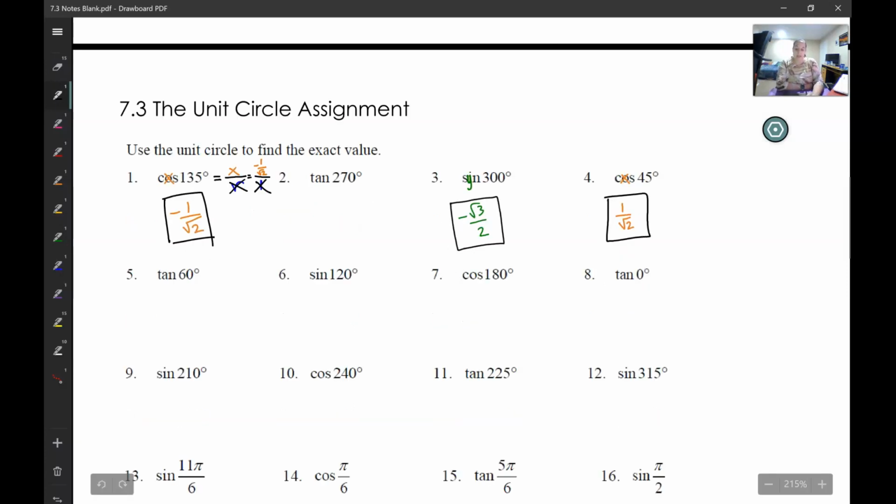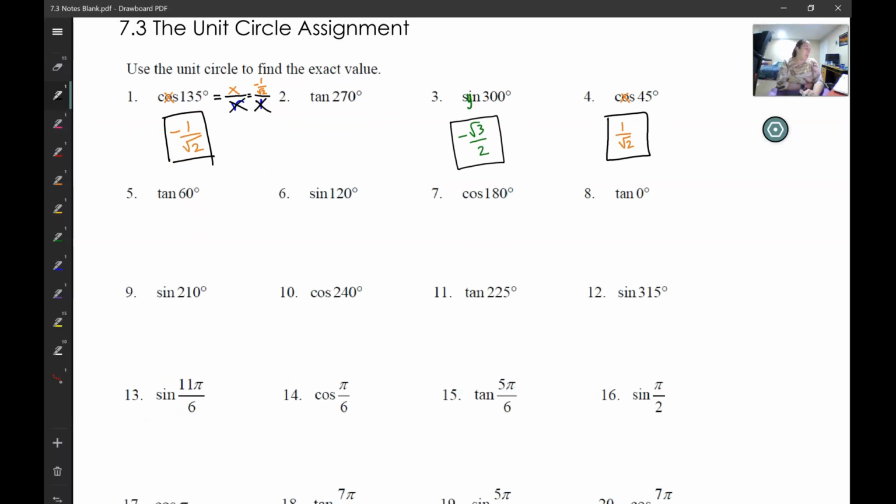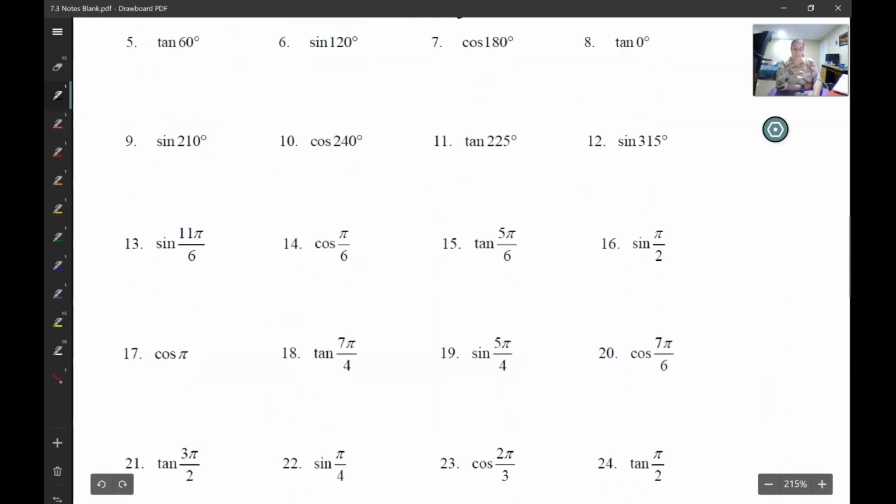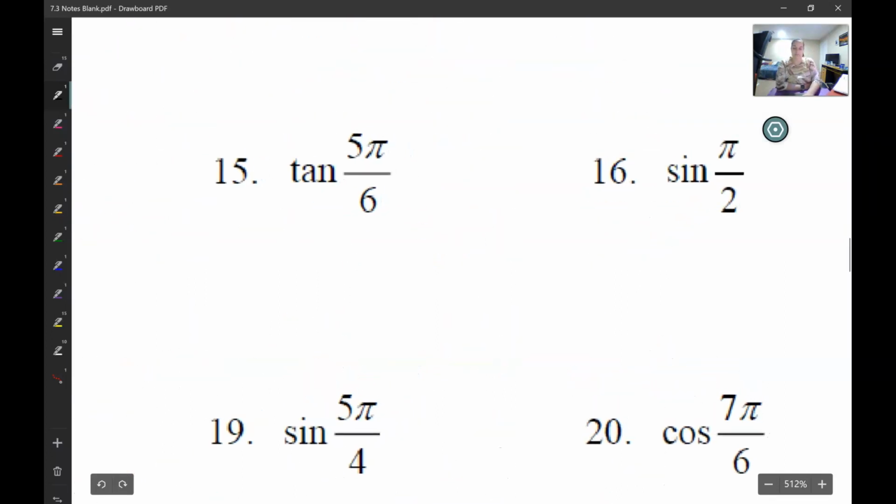Okay, let's try a tangent. Let's do number 15, tangent. Now, remember, tangent is special. Tangent is y over x. That's something that you just need to memorize. So I'm going to go to 5 pi 6, and I'm going to find my y value and divide it by my x value.